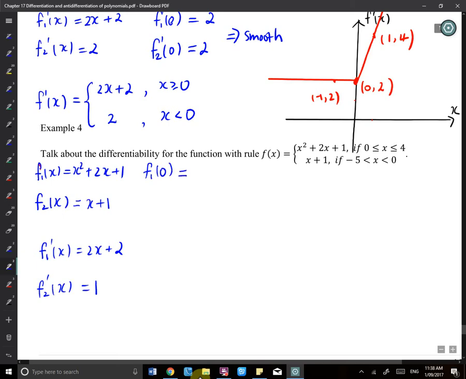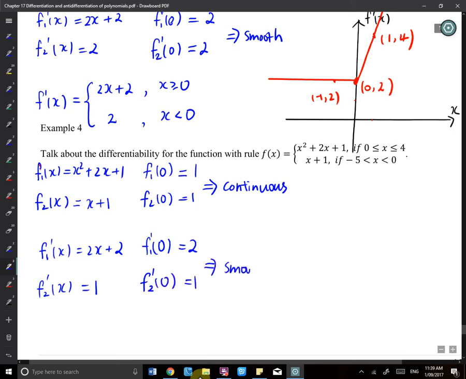So f1(0) is 1, f2(0) is 1 as well. So it's continuous at x equals 0. Then f1'(0) is 2, but f2'(0) is just 1. So it's not smoothly connected. It's not smooth.